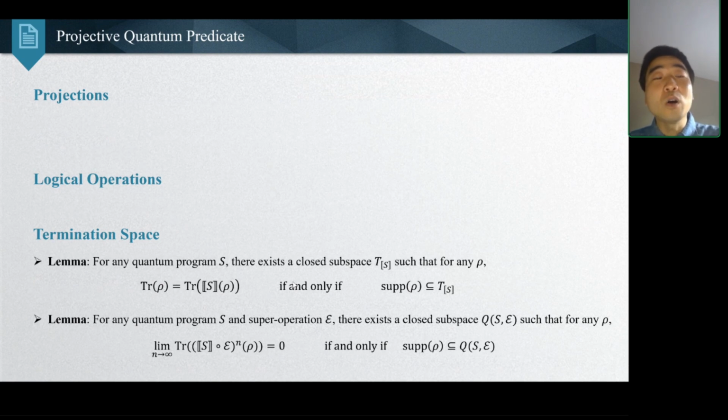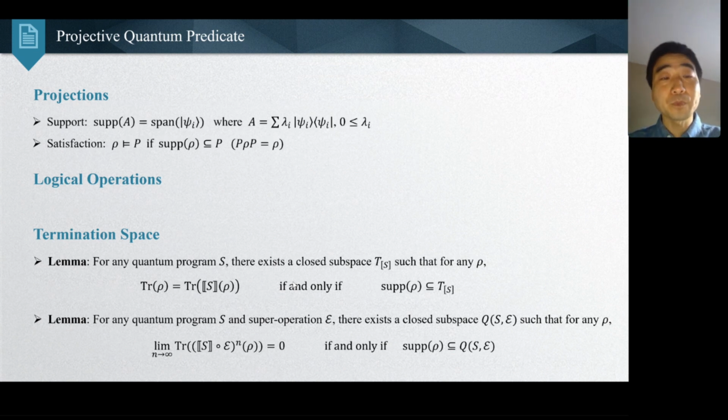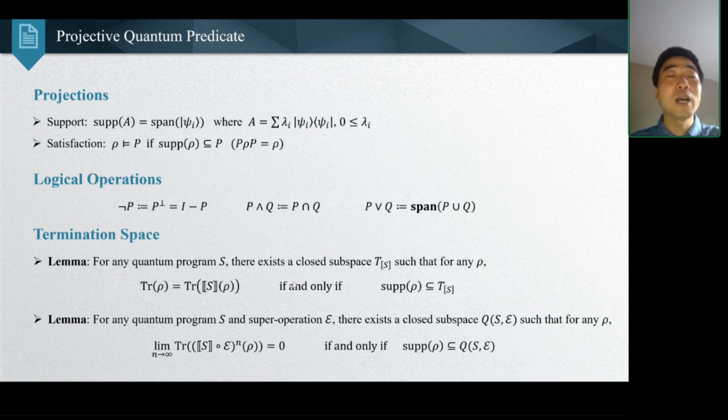Okay, so we know that for any quantum program, the termination space, which means that considering every projection corresponds to a space. So this is very natural. And we have some rules for projections, and we have the logical operations.